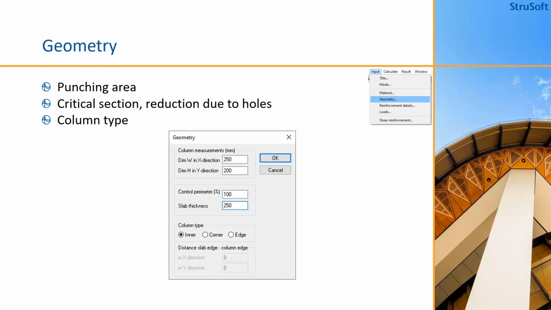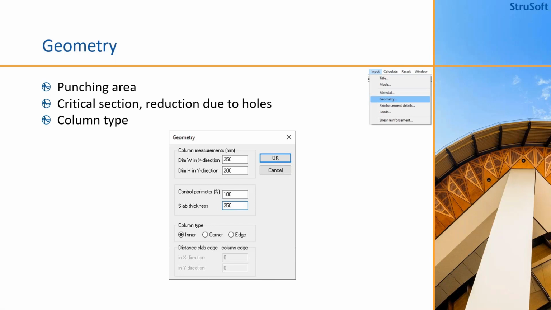And if this is set to 100%, then we have punching all around the column. But if it would be a hole within the punching region, we need to reduce this due to the hole, and then the control parameter can be reduced to, say, 90%, depending on the size of the hole.